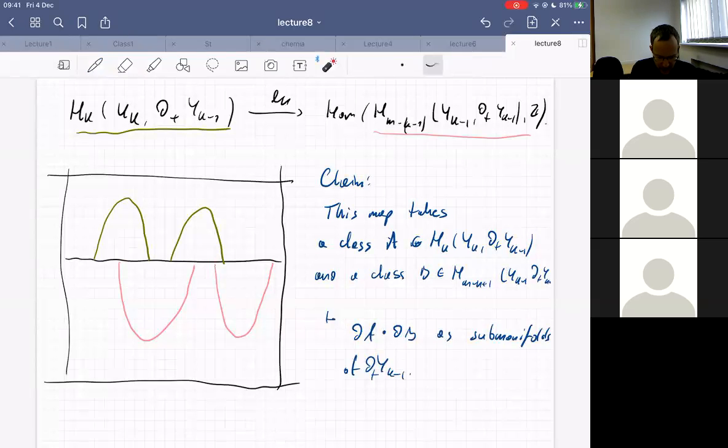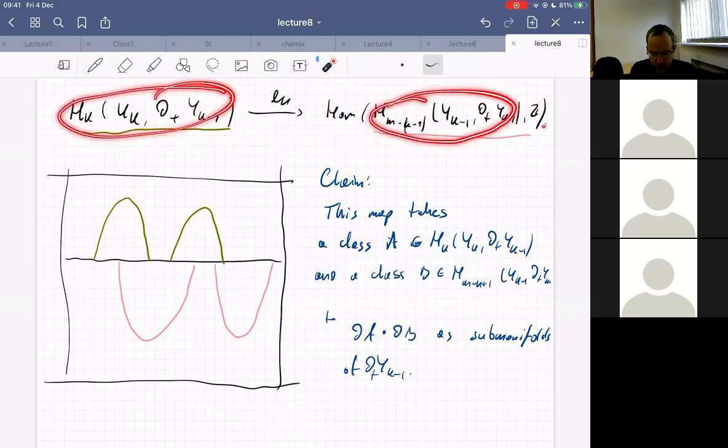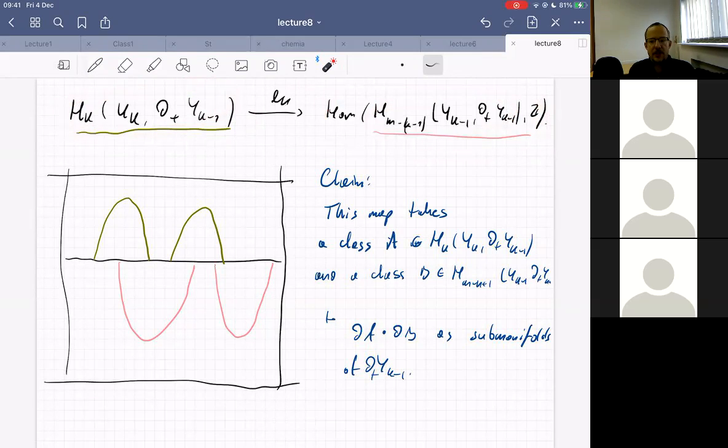Okay, so what is the map? How do you define the map to the homomorphism space? A map from this to the space of homomorphisms is exactly: you take an element in here, take an element in here, and you produce a number. That's like currying in many programming languages.